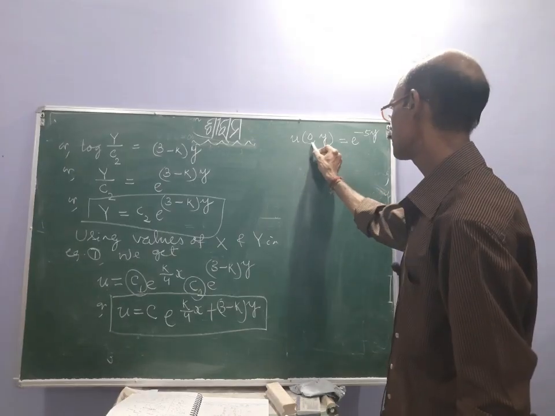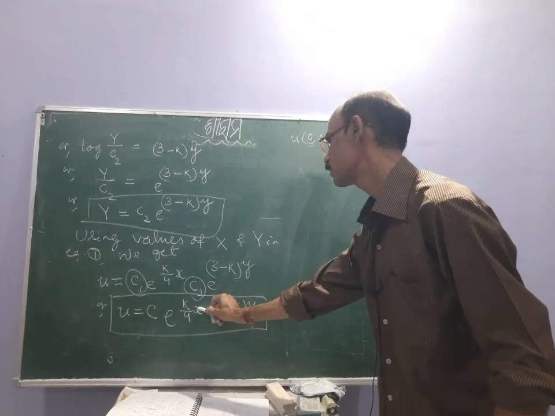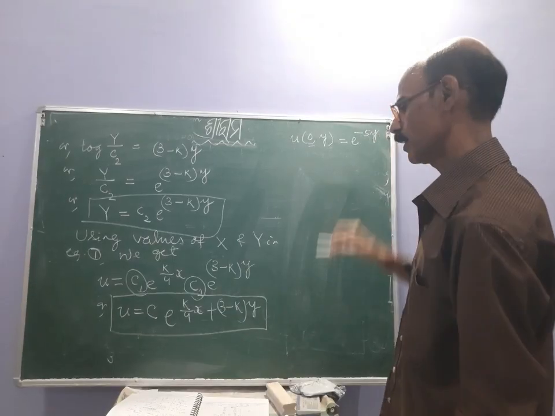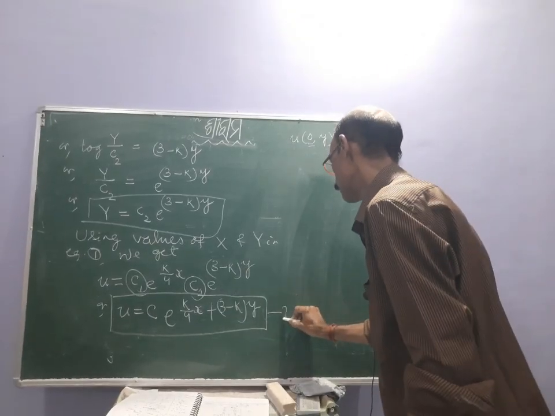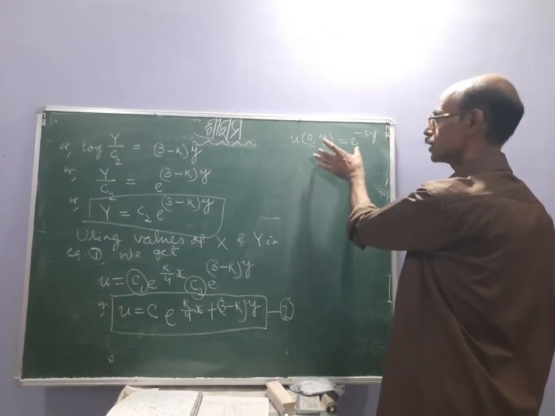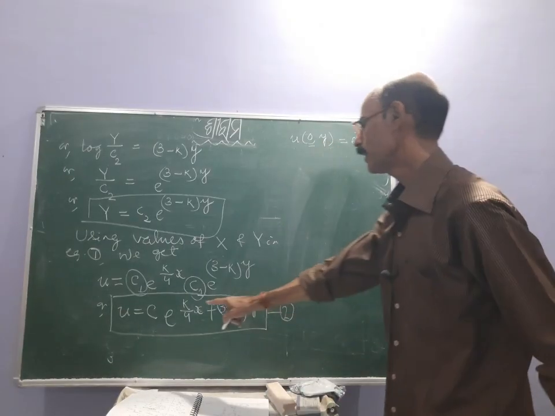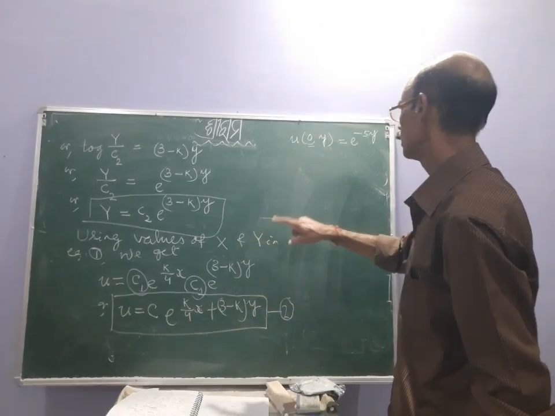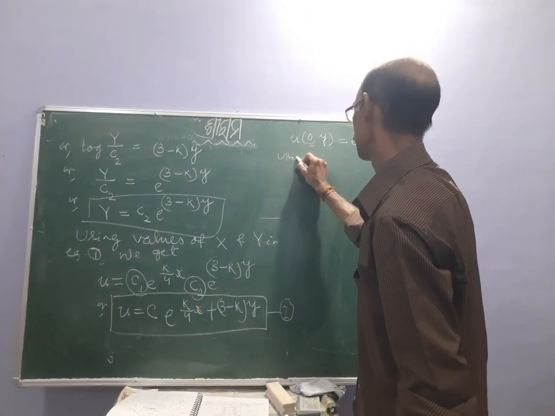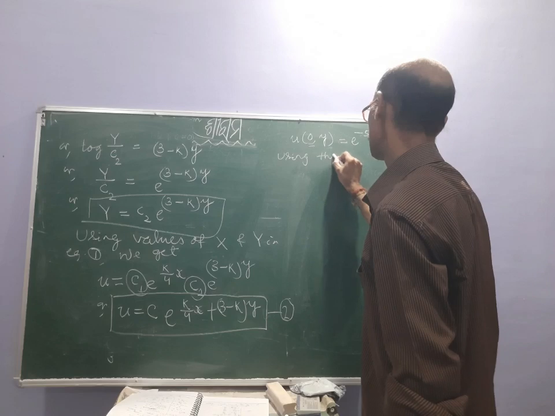That means when x is 0, u is exponential minus 5y. Now let it be equation 2. So in equation 2, use this condition. In place of x, use 0.